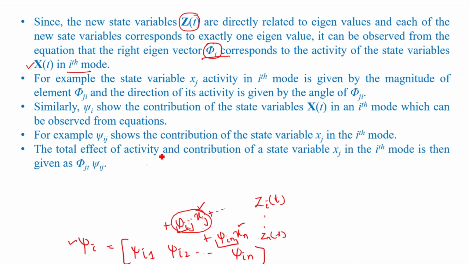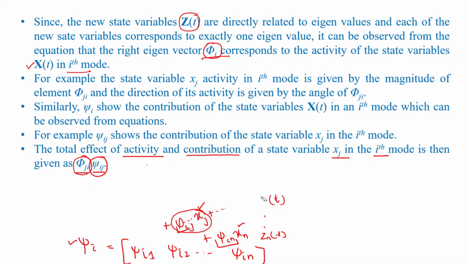So the total effect of the activity and the contribution of a state variable xj in the ith mode can be given by phi ji into psi ij. So phi ji gives us the activity of the jth state variable in the ith mode, and psi ij indicates the contribution of the jth state variable in the ith mode, right?